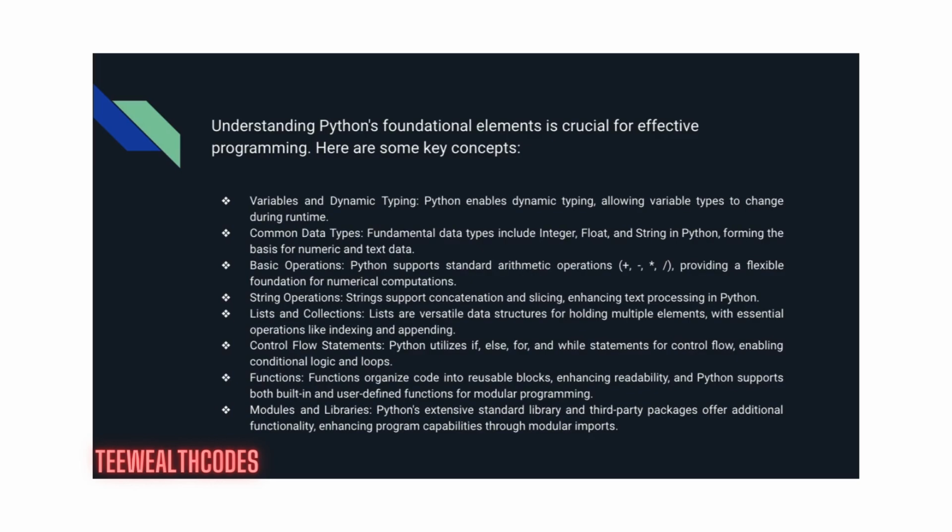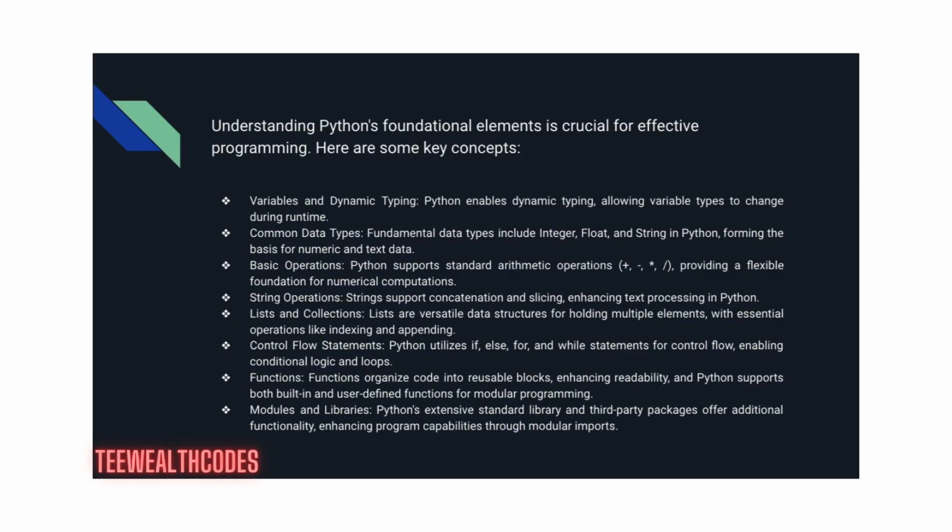Then also the basic operations. Python supports standard arithmetic operations: multiplication, addition, subtraction, division, modulus, and the likes. In terms of string operations, we have concatenation and slicing, enhancing text processing in Python.